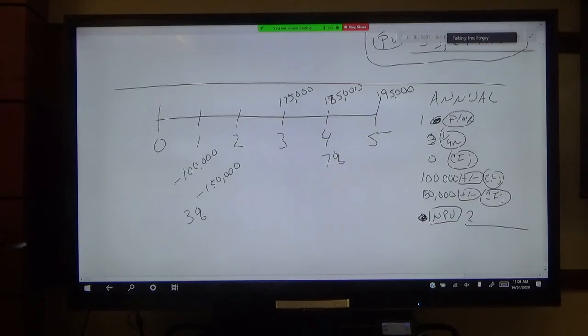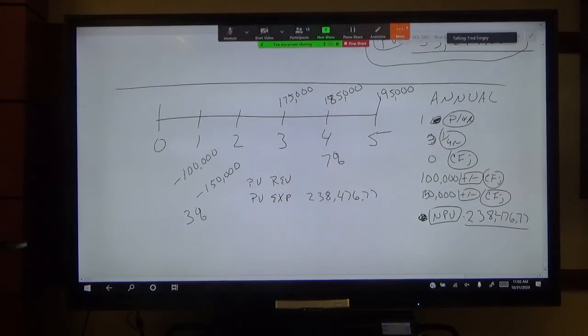We end up with 238,476.77. That is basically the present value of expenses. So now we need to solve for the present value of the revenue stream. Is everybody with me so far? There's nothing really different about that piece, other than the cash flow function.